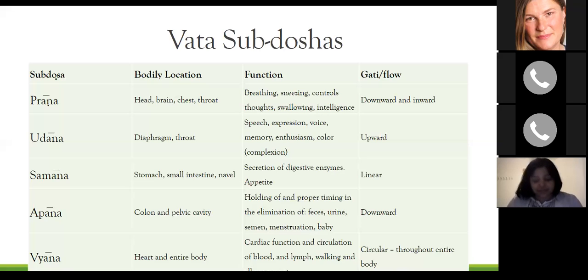Similarly, in Udanavata, there are also common disorders that are associated with the deviation from the normal flow of the Udanavata. So here also you have the common disorders such as hoarseness of voice, stuttering, blushing and flushing.